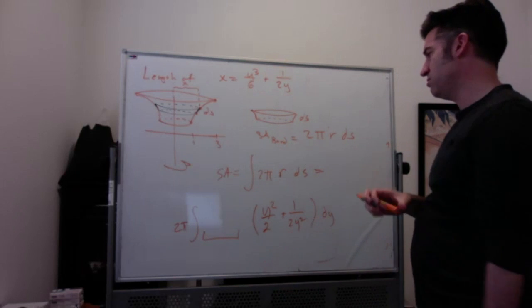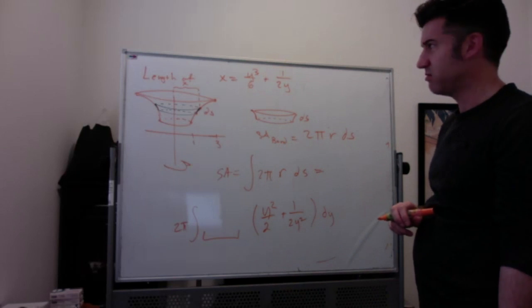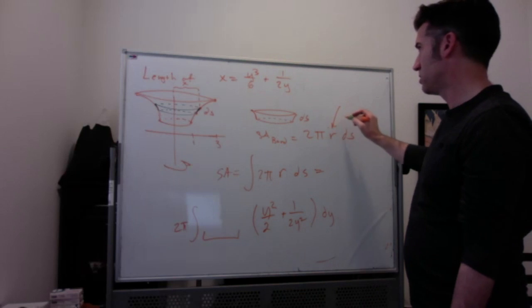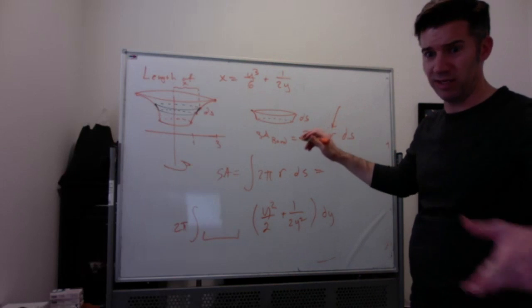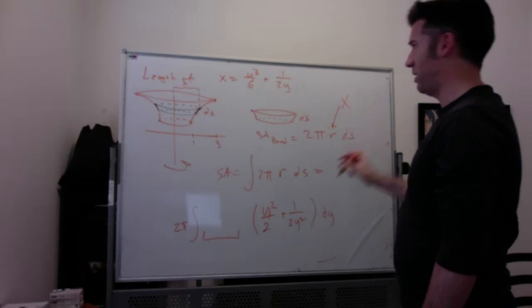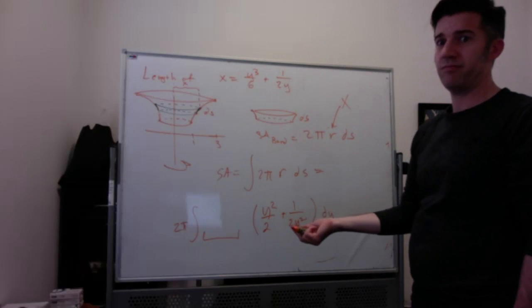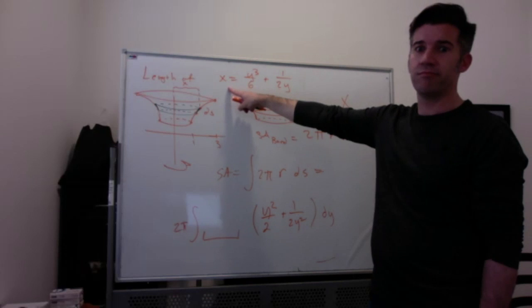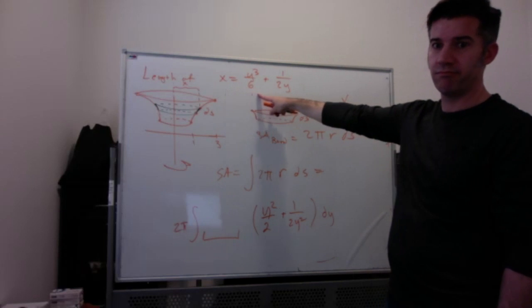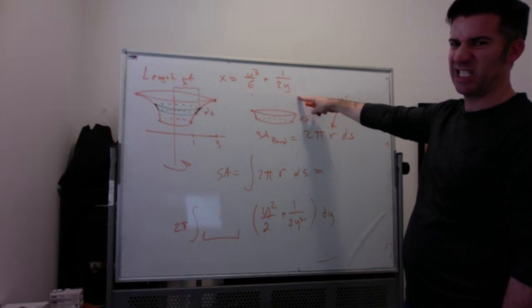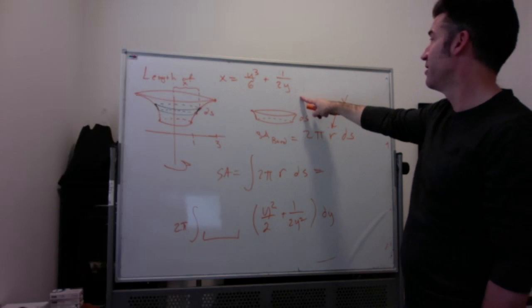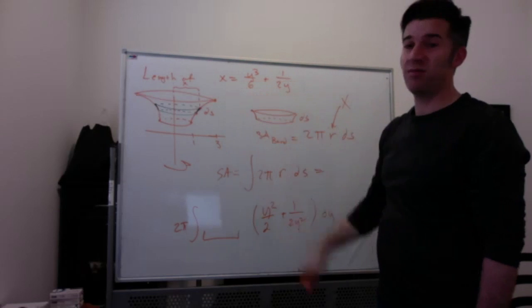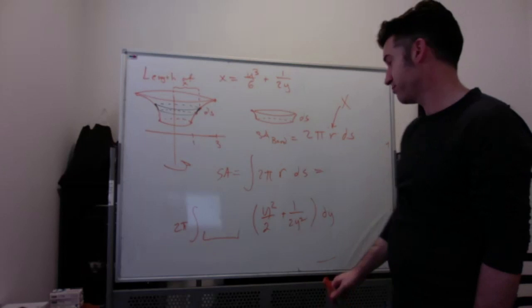So, well, shoot, our radius is y. Sorry, x. You guys said x, I said x. Everybody said x. Our radius is x here. x equals y cubed over 6 plus 1 over 2y.